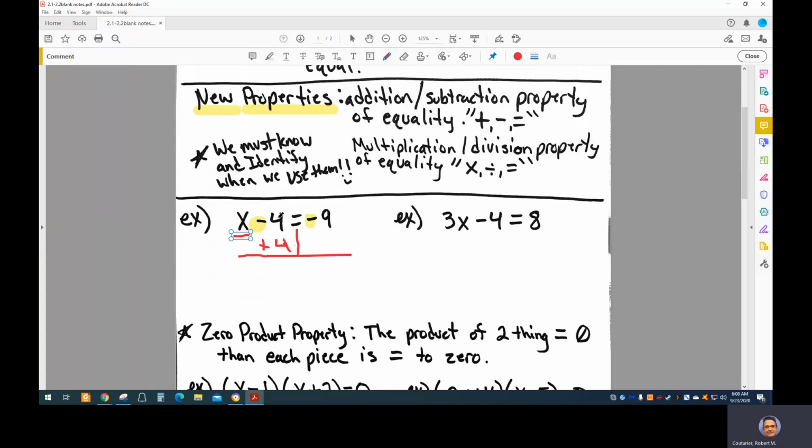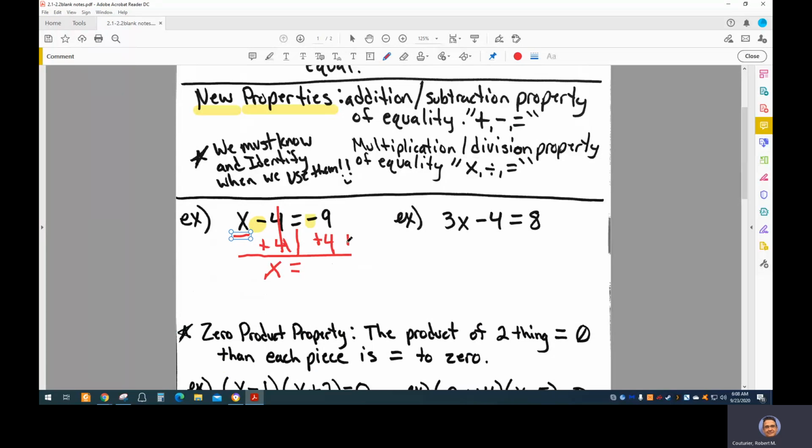But we can't just say, okay, so negative 4 and a positive 4 only leaves me with x, because these will cancel out, and say, all right, that equals negative 9. No, we can't do that. Our rule up here says the addition/subtraction property of equality states that if I add something to one side, I have to add it to the other side as well.